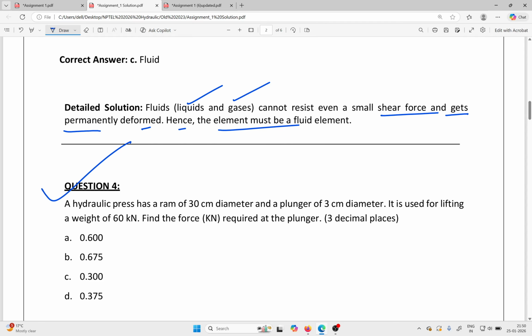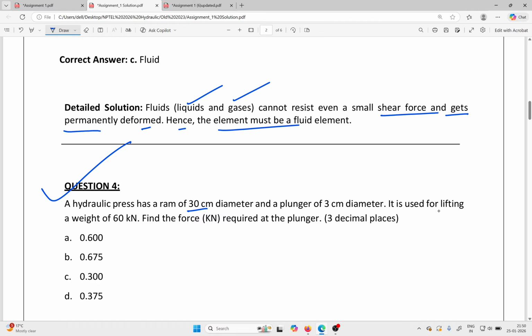Question number 4. A hydraulic press has a ram of 30 centimeter diameter and a plunger of 3 centimeter diameter.